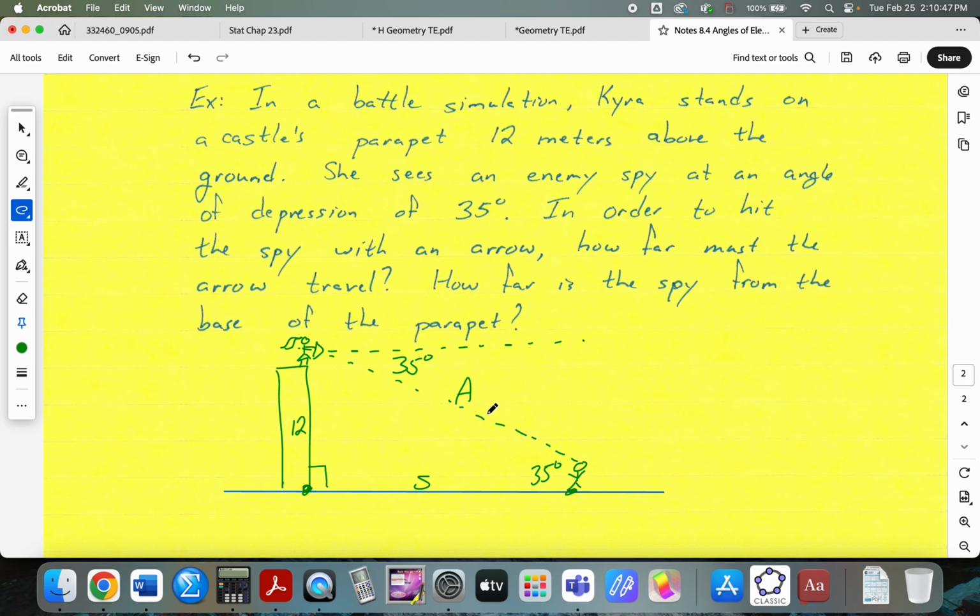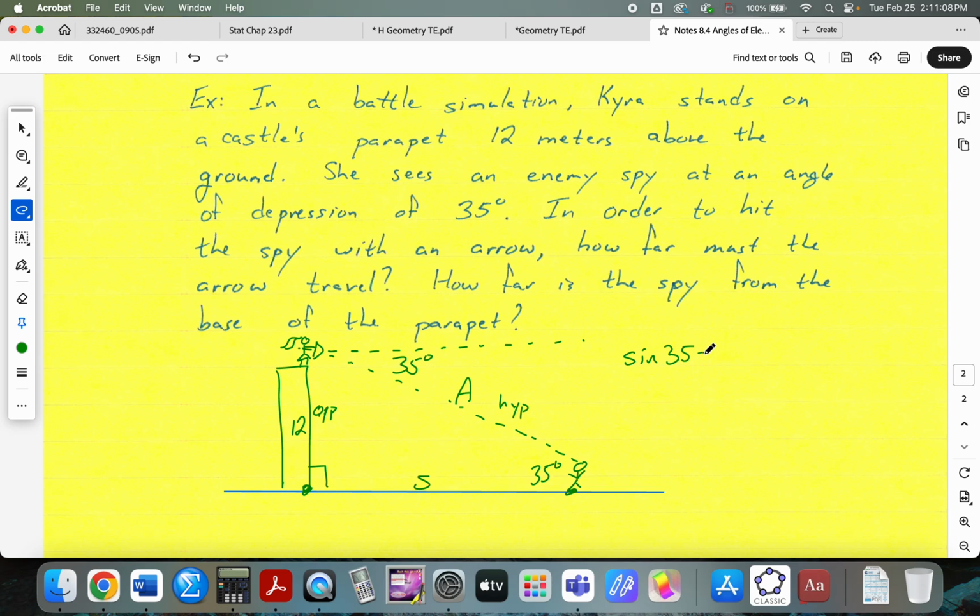All right, so for A, which side of this right triangle is A? It's the hypotenuse. And 12 from here is the opposite. So I'm going to use sine.